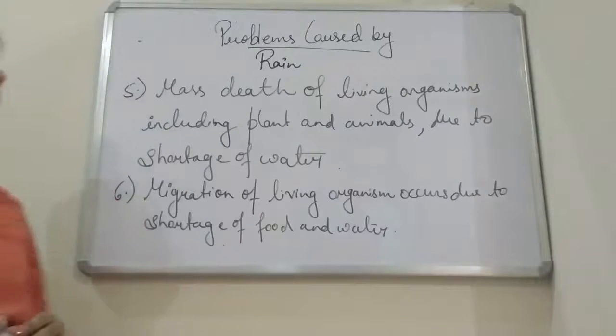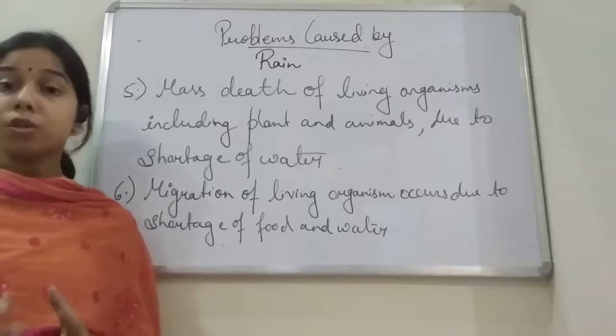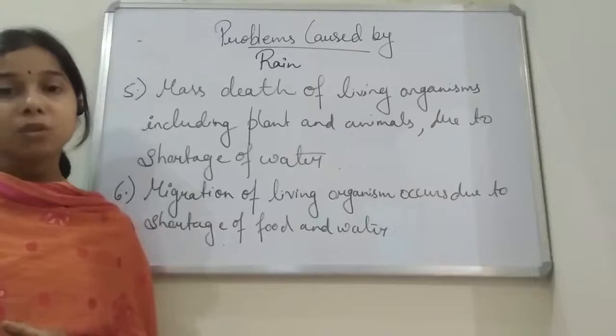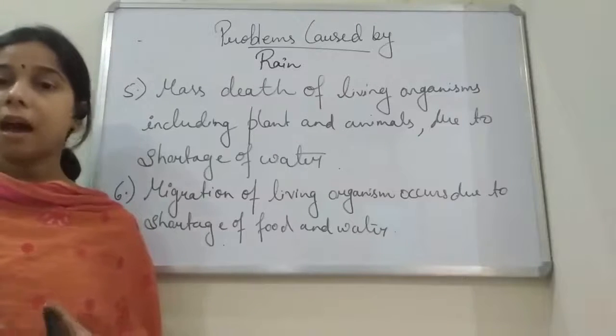Then we studied that since the water is not available in a proper amount, it will lead to the mass death of the living organisms, including the plants and animals.